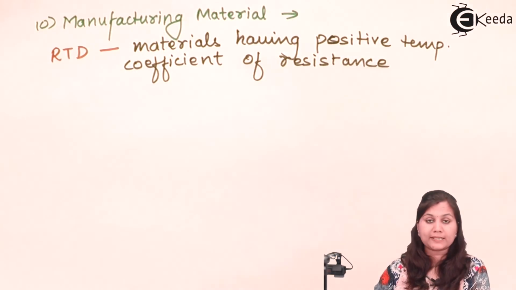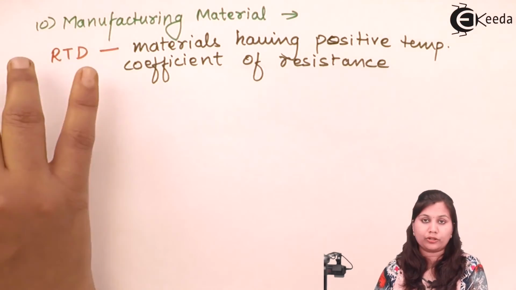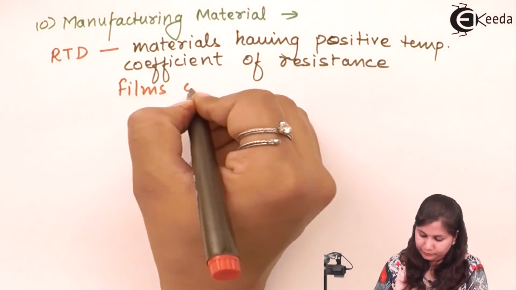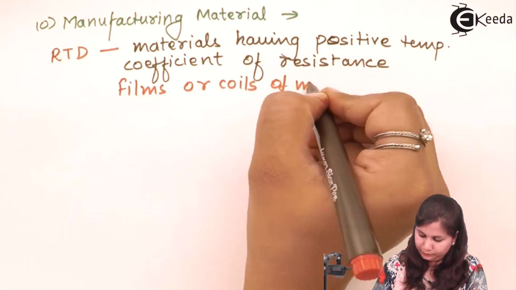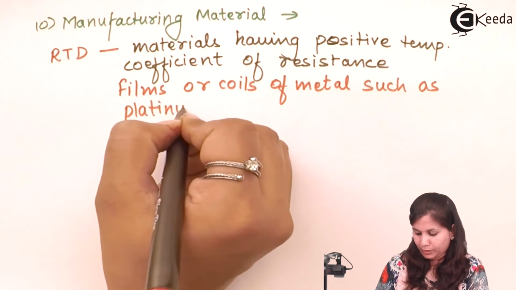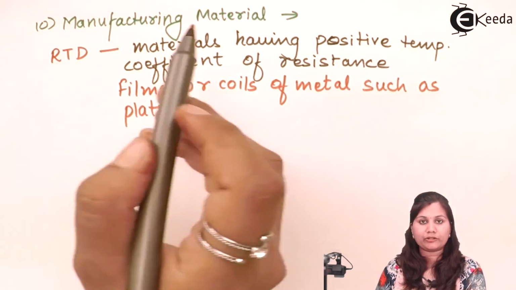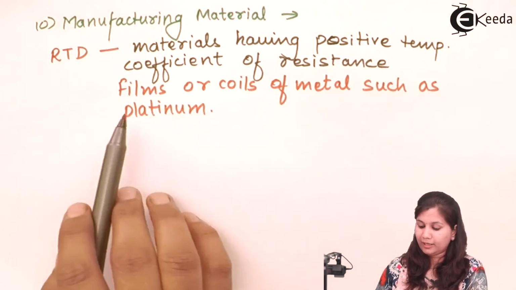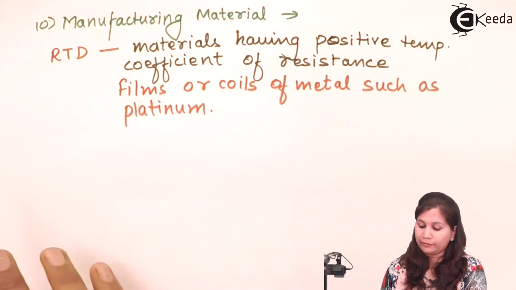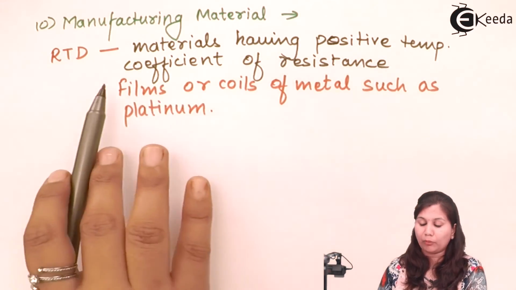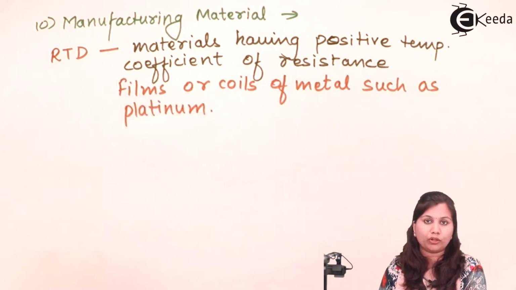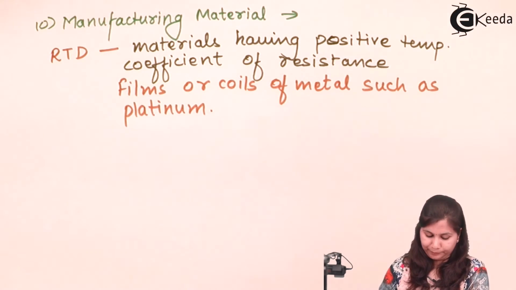So the element which is mainly used for the construction of RTD is platinum. So the manufacturing materials for the RTD are the films or coils of metals such as platinum, and all those metals which have a positive temperature coefficient of resistance can also be used for the construction of RTD.